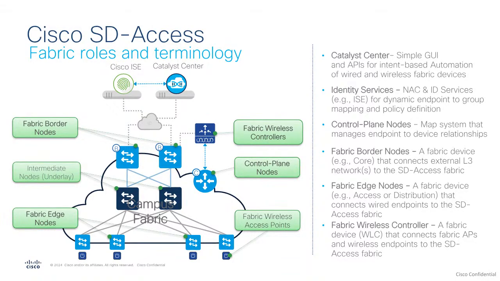It also provides visibility on the fabric by leveraging network data collectors to analyze and to monitor SD access fabric network. And then we have Cisco ISE, which acts as identity store and policy engine by leveraging NAC and ID services for dynamic endpoint to group mapping and policy definition.